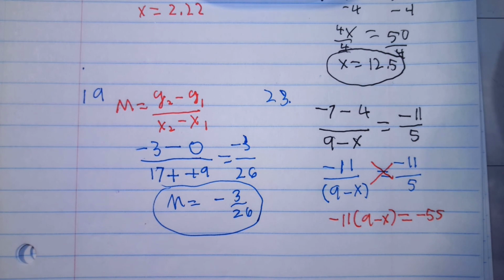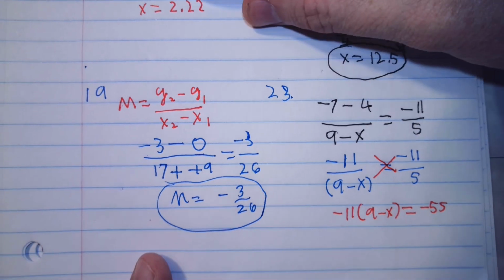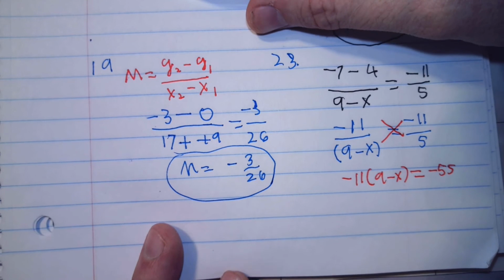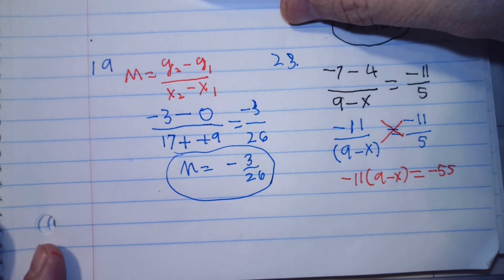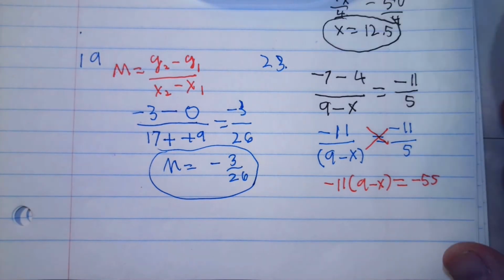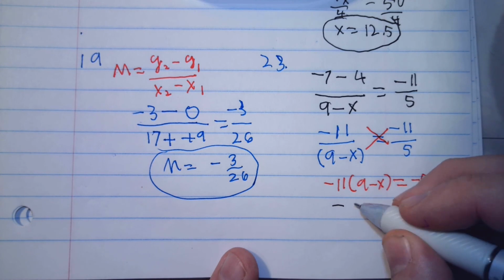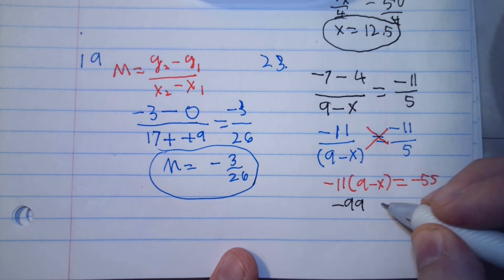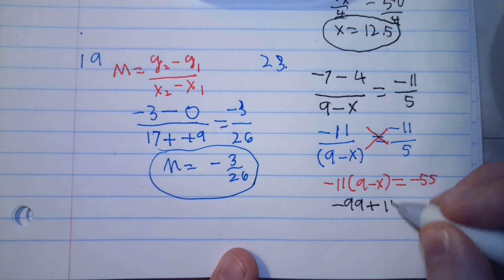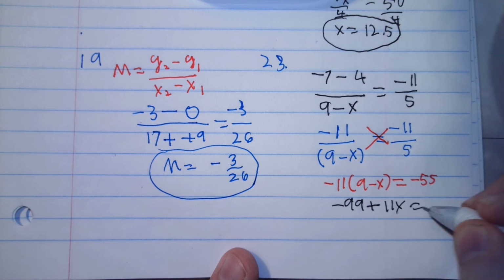Okay, and again, there's different ways to do this, but I'm going to work this all the way out, and I'm going to shift it just a little bit. See if we can get it all done. That is not straight. And so this is going to be negative 99 minus a negative, so that's going to be plus 11x equals negative 55.